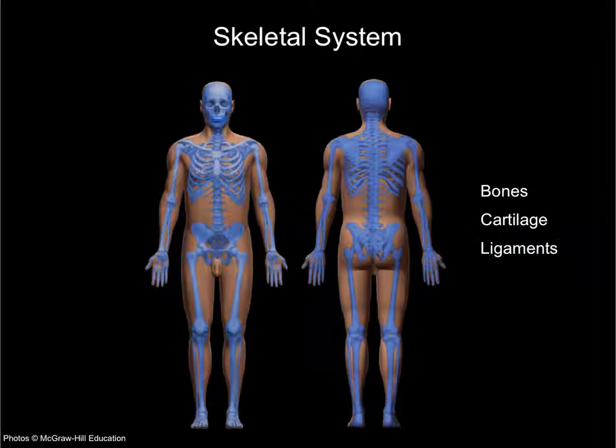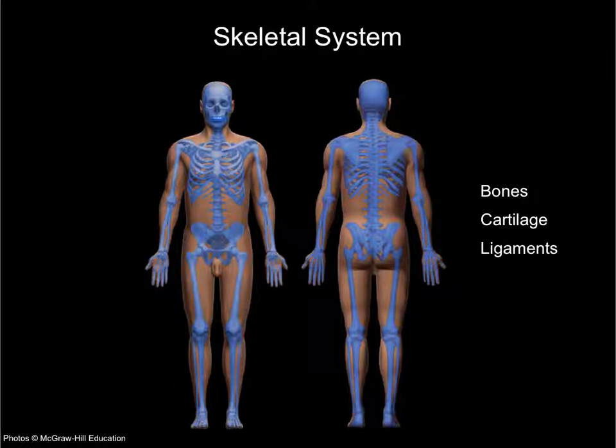cartilages, and this includes both the articular cartilages at the ends of bones, as well as some of the connective cartilages that go into making up cartilaginous joints, and ligaments. Ligaments are the dense, regular connective tissues that connect one bone to another bone.